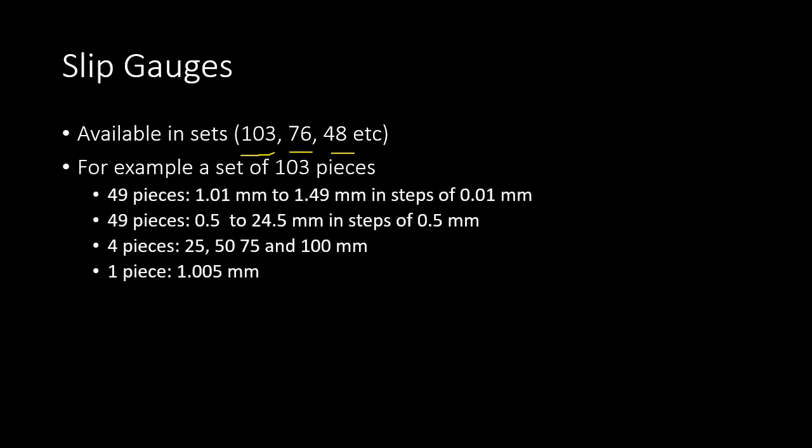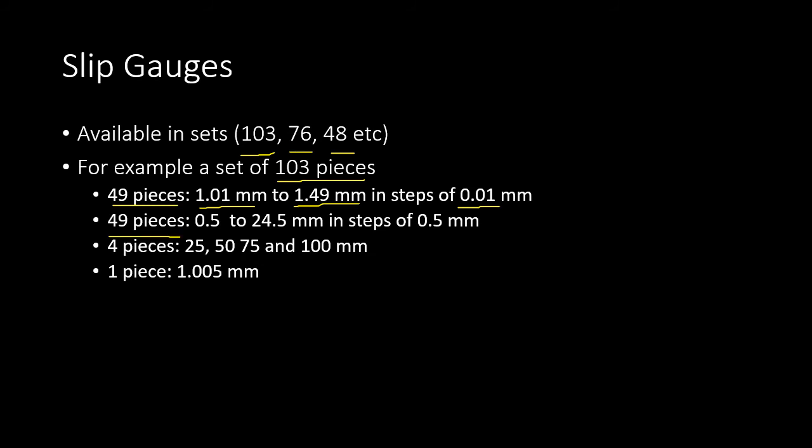For example, a set of 103 pieces consists of 49 pieces from 1.01 mm to 1.49 mm in steps of 0.01. So in a set of 103 pieces, there will be 49 pieces starting from size 1.01 mm, 1.02 mm, 1.03 mm, and so on up to 1.49 mm, an increment in steps of 0.01.